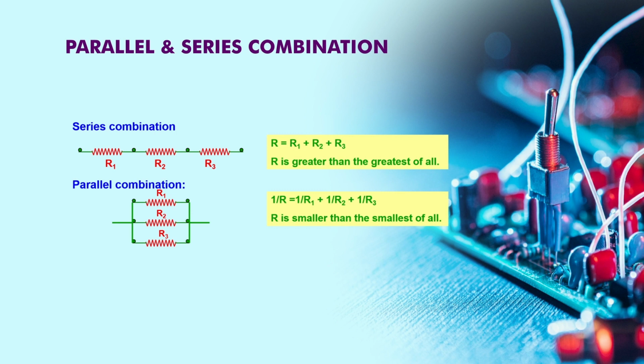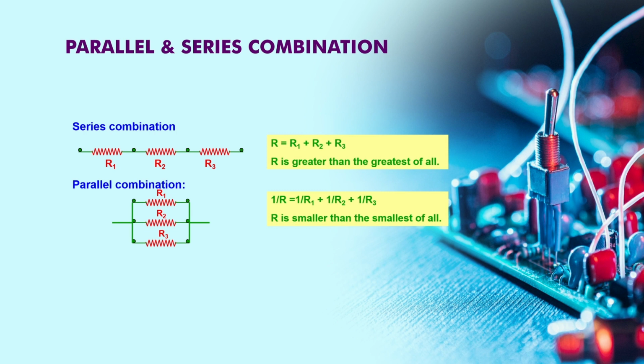Now the parallel combination. In the parallel combination, the components are connected side by side. Here the current is divided into three parts. It will go to R1, then R2 and R3. So the voltage across R1, R2 and R3 will remain the same, and the current will vary in the parallel combination.